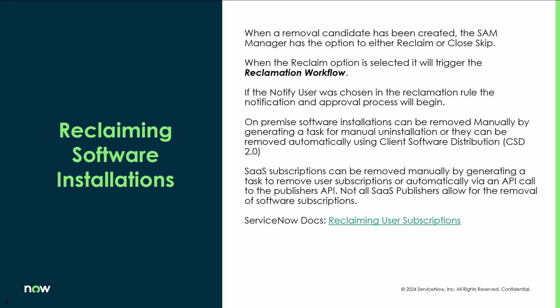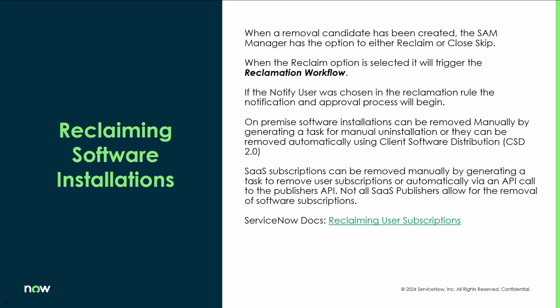The key thing here is that not only do you need to configure client software distribution in your instance and connect it up to the SCCM environment, the SCCM environment is also going to need to have all of those uninstallation packages created so that you can actually trigger those through the reclamation process.